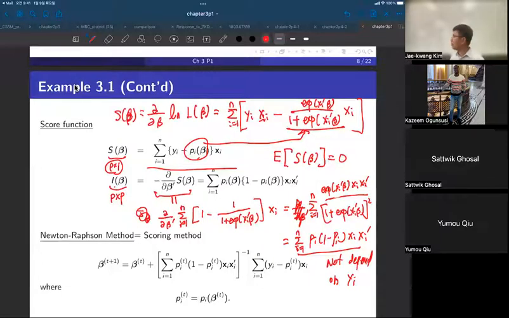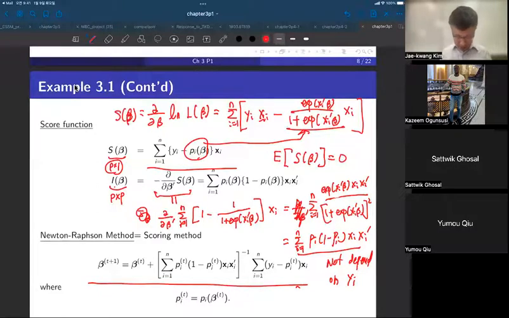If it were a function of y, then you would need to compute the expectation, but here it doesn't. So in that case, Newton-Raphson and Fisher scoring method are equal, the same. And then you get this one as your updating equation.